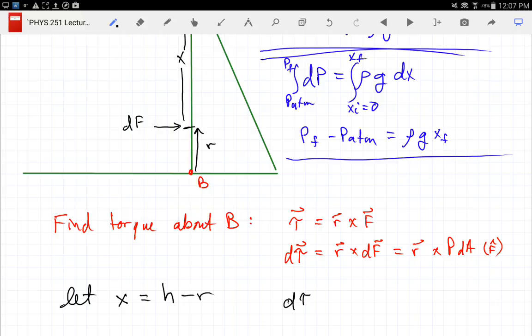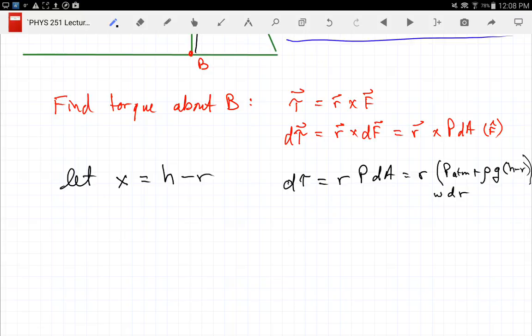Because they're perpendicular, the magnitude is just going to be equal to R times my pressure, and then I have to have my dA, which is W dR, because I have my dR, the little piece right there.